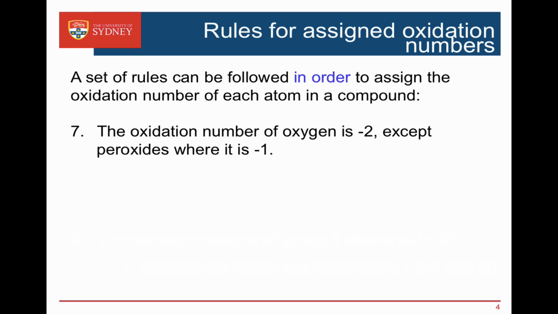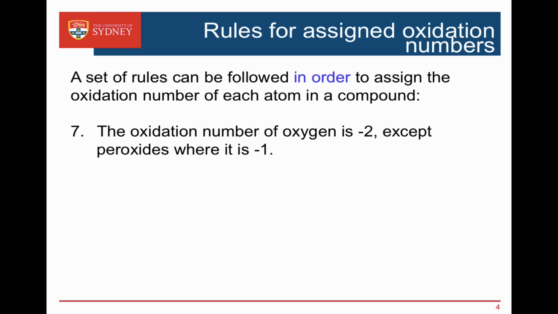And so we go on. So we've done fluorine, we've done the most electronegative atom, we've done the most electropositive metals, groups 1 and 2. So the next one to look at is oxygen. The oxidation number of oxygen is given as a -2, except if it's in a peroxide or in the elemental forms that we talked about before.